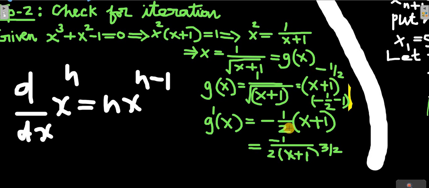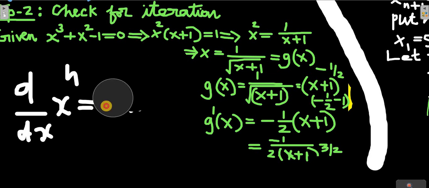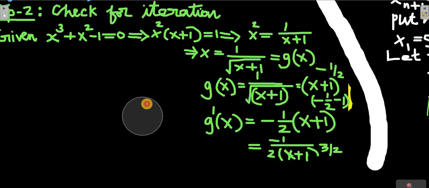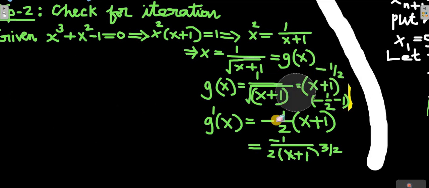This minus 1 by 2 comes here, n into x plus 1 to the power n minus 1, minus 1 here. Okay, that's what you have to remember. So that formula is applied here. This 1 by 2 coming before x plus 1 to the power n into n minus 1.